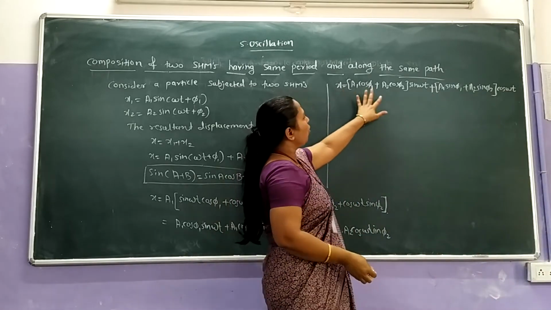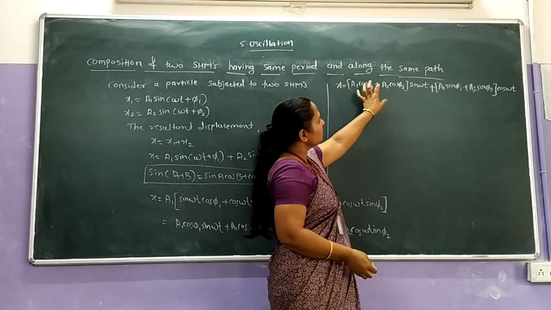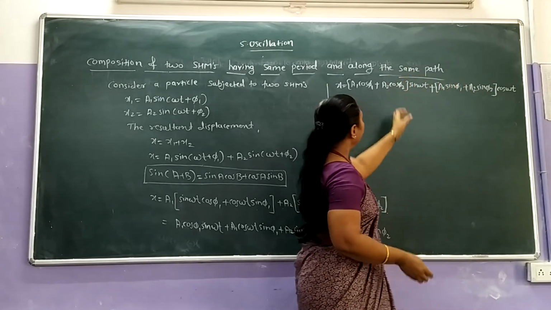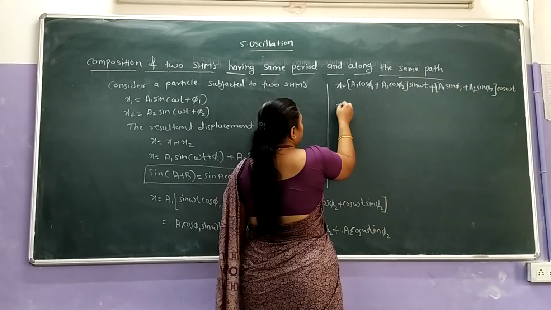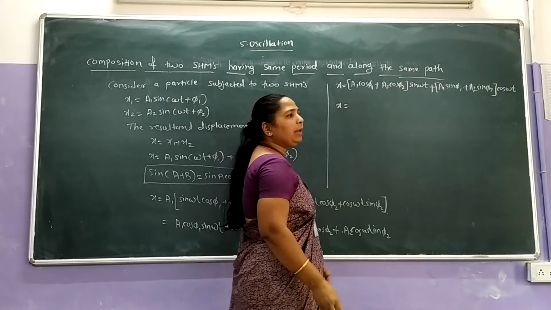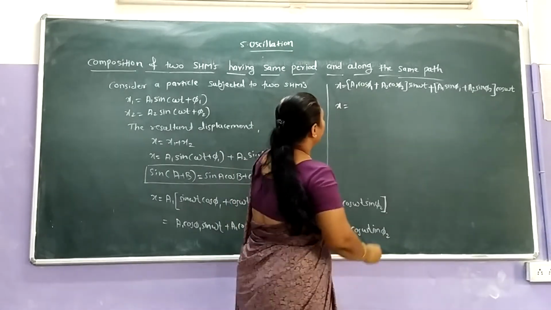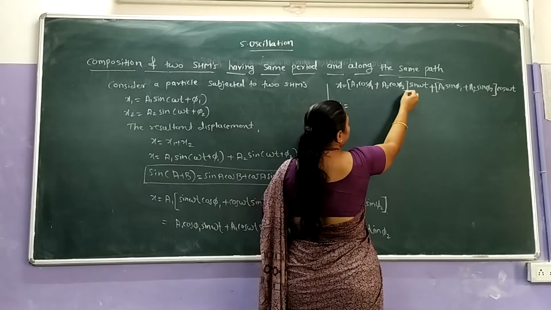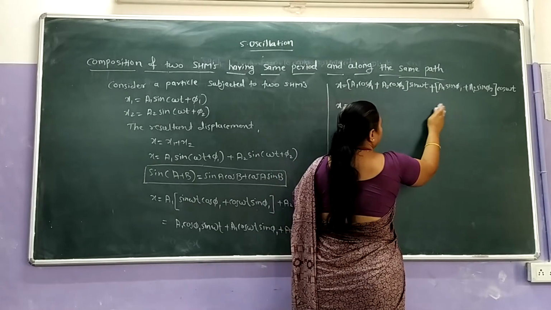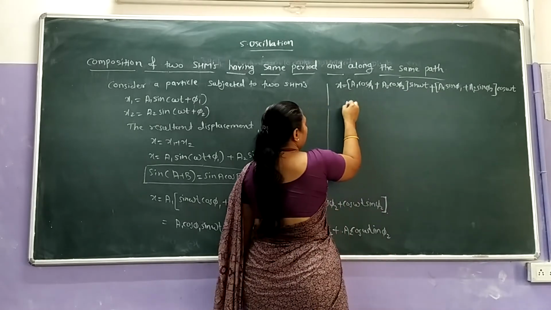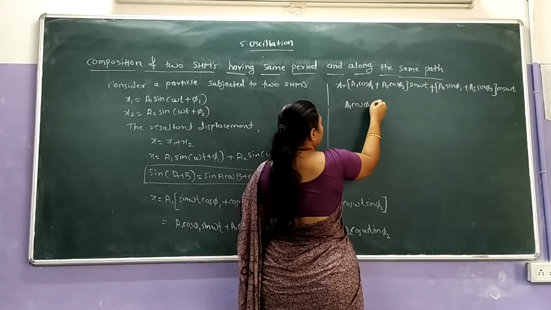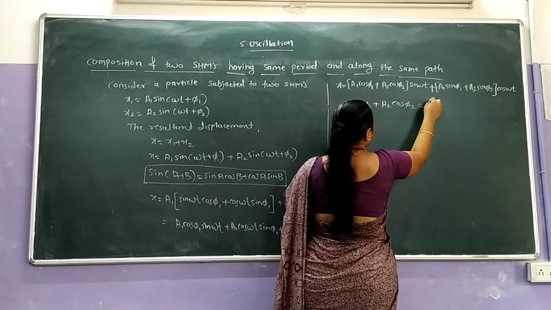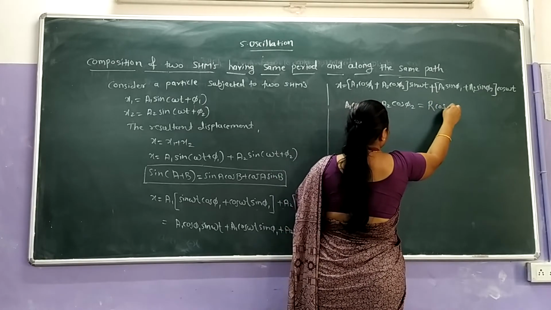The cos terms are separated and the sin terms are separated. Therefore, x is equal to, where a1 cos phi 1 plus a2 cos phi 2 is equal to R cos delta.